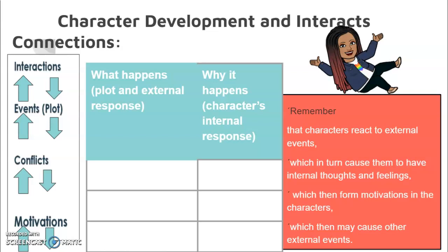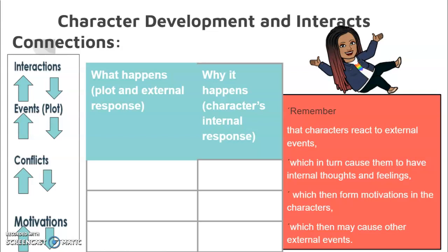There is really not a cut and dry way to do it. You could choose to analyze the conflicts of a character first, and then see what events the conflict creates, how this conflict creates interactions, and how this conflict motivates our character to do something else.